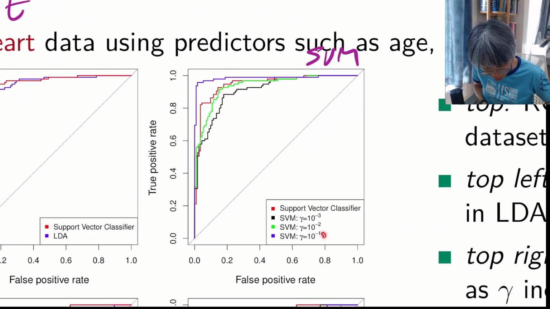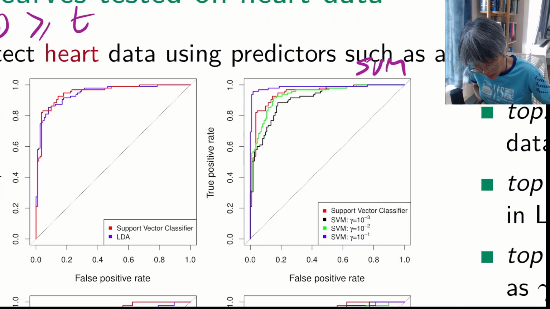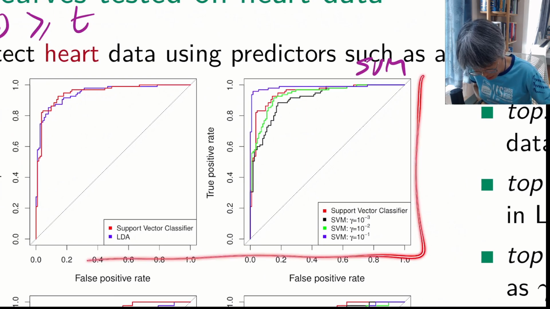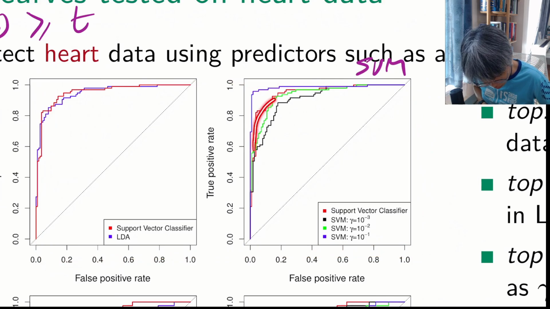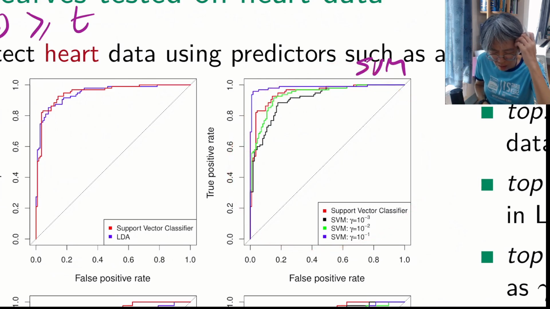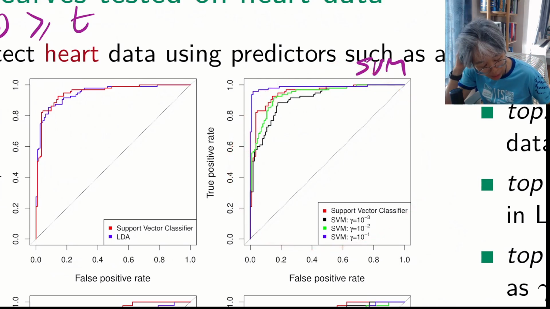So your model is more nonlinear when gamma is big. In these results, it seems that the orange one is the SVC, the linear one. So in this result you see maybe the value of gamma has to be chosen wisely.